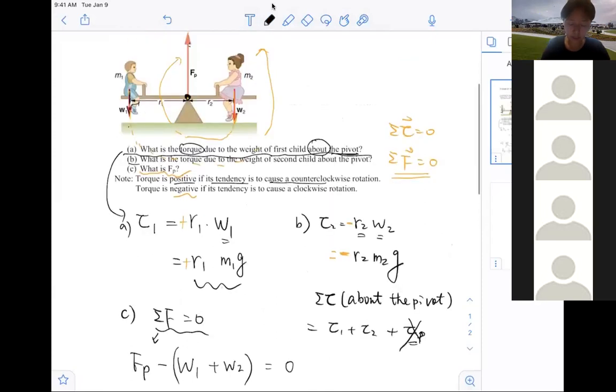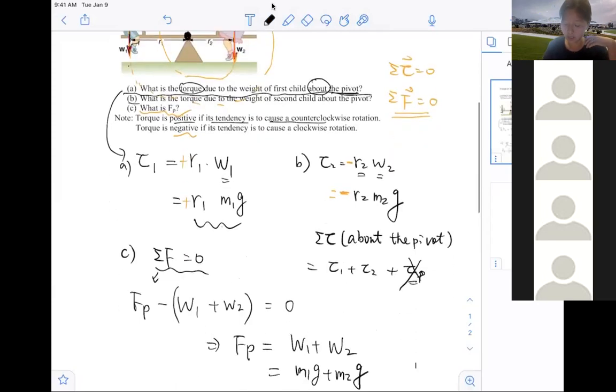The pivot force FP does not give you any torque because you pick the pivot point right here at the center, and the force is already at the center. It's not going to generate any torque, because it has no lever arm. So that's one example of how we pick the pivot point to allow easier calculations. You do not have to worry about this force at all when you do the torque equation.